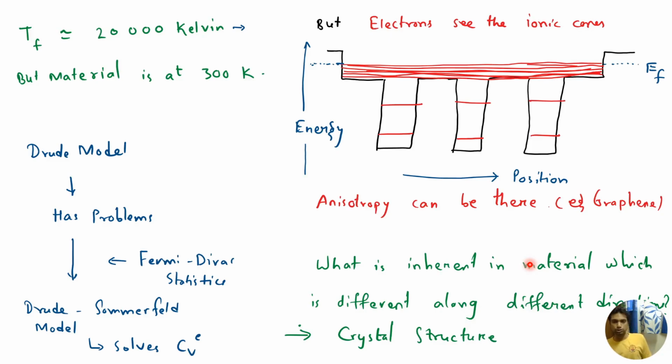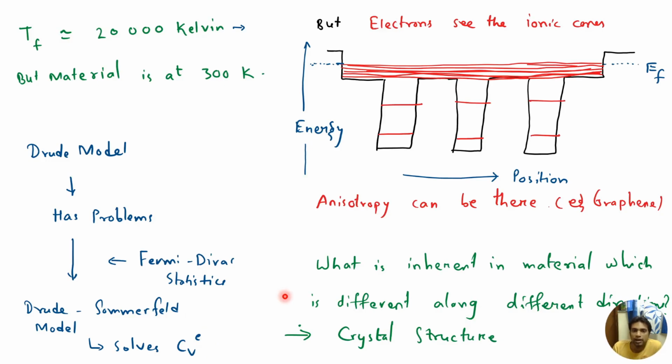So to summarize, we had the Drude model, and it had problems. One of the problems was this very high contribution of the electronic specific heat. So we put in the Fermi-Dirac statistics, and we got the Drude-Sommerfeld model, and in this model we solved the problem of CVE.